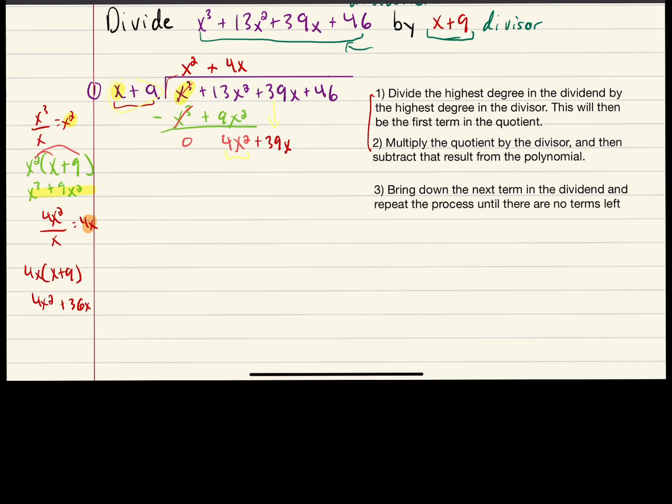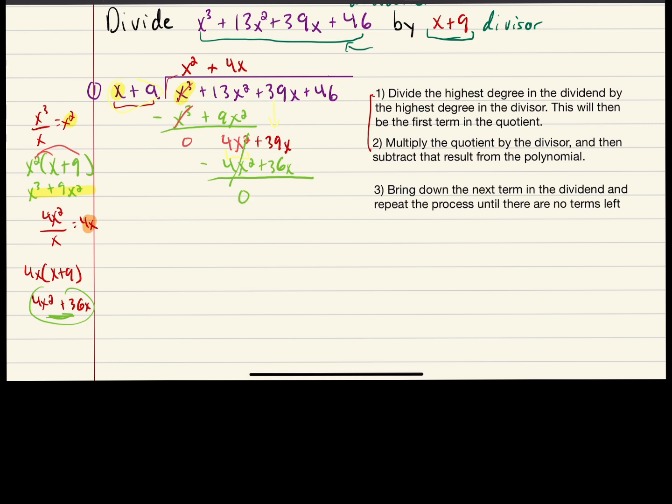So now, like I did previously, I'm going to subtract this value from whatever's left in the polynomial, which would be this right now. So we're going to go minus 4x squared plus 36x. 4x squared minus 4x squared gets rid of this.